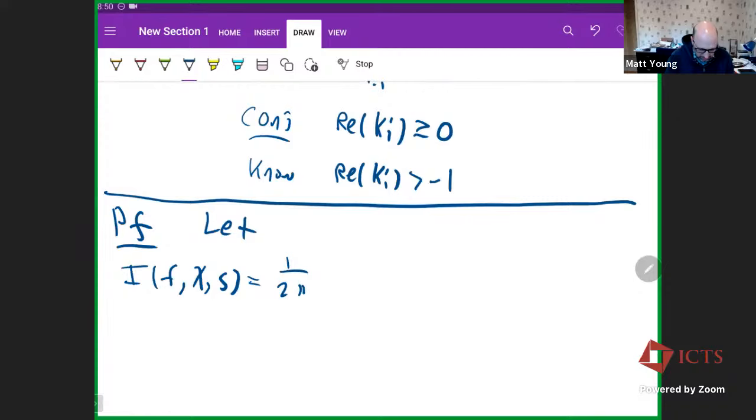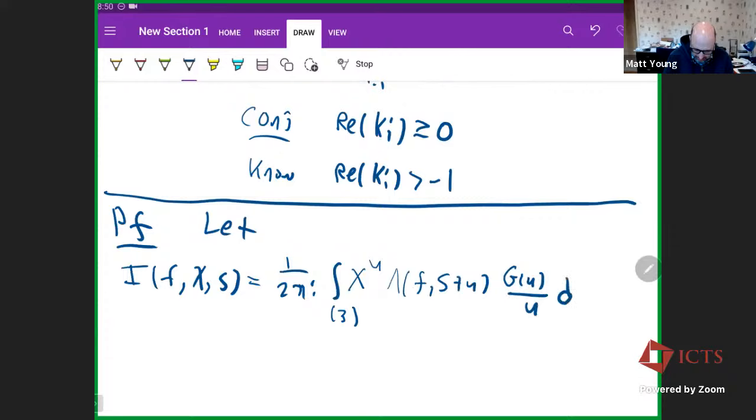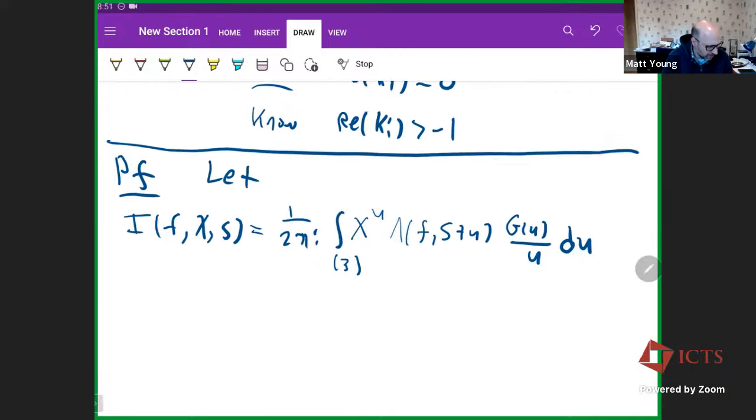So we start with an integral 1 over 2 pi i, integral over some vertical line, let's say 3, x to the u, the completed L function, lambda of f, s plus u, g of u over u, du. So we start with this integral.